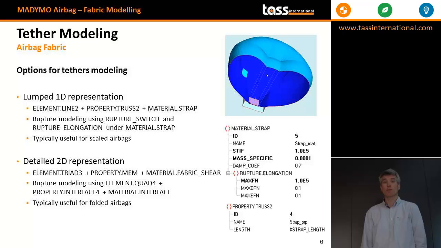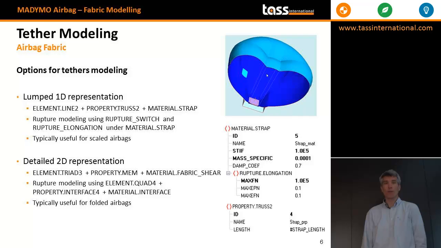This way, with straps, is generally used for skilled airbags because they are simple to model. You can change the length of the line 2 element, and thereby control the shape. If you would like to use membrane elements to specify a tether, that's also possible. If you would like to define failure, you can make use of interface elements.